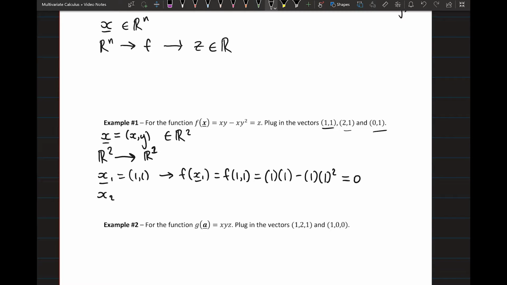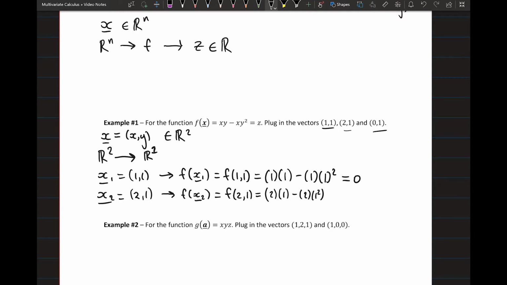And if we look at x2 is equal to (2, 1), we get f of x2 is equal to f of (2, 1) is equal to 2 times 1 minus 2 times 1 squared.